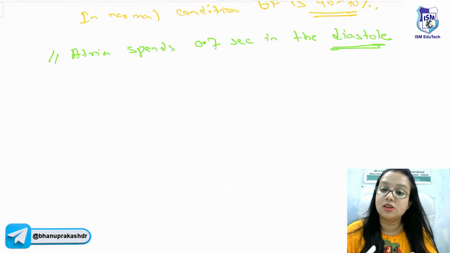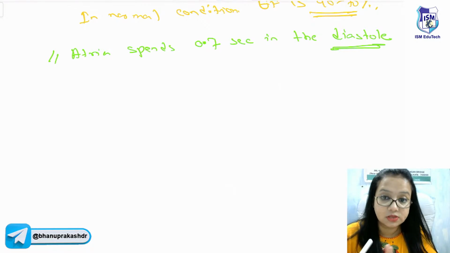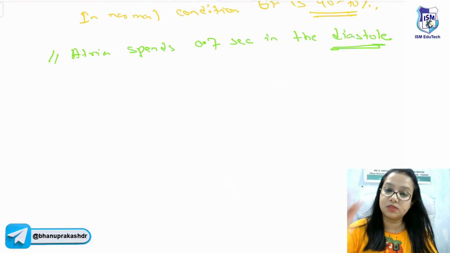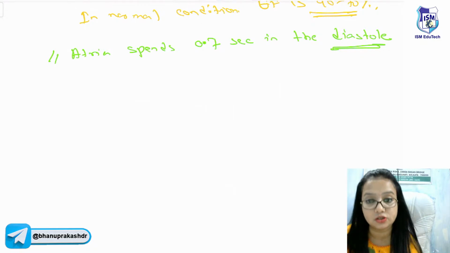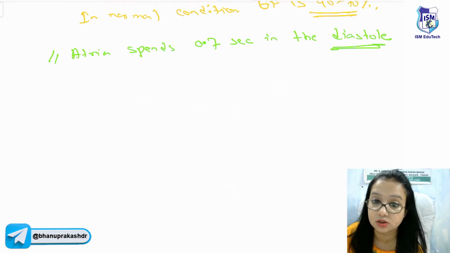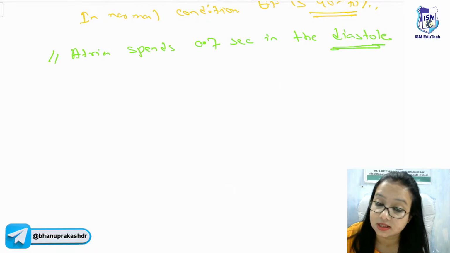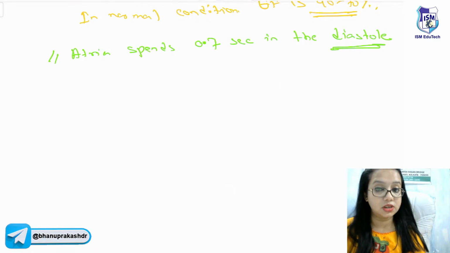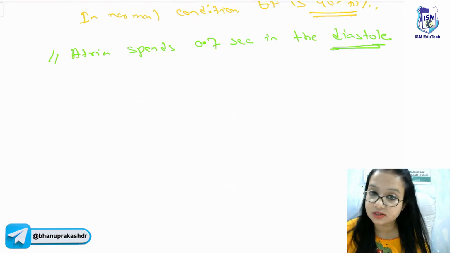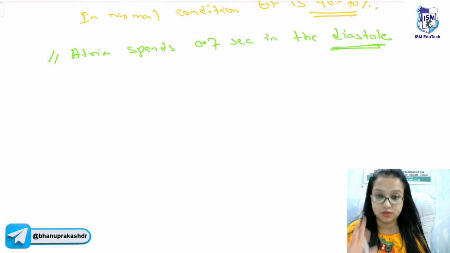We studied that the ventricles get filled from the atria. The blood from the atria comes and fills the ventricle. And when the ventricle is contracting, that is the systole of the ventricle, it is pumping out, or ejecting the blood to the periphery or to the pulmonary circulation, that is to the lungs. Okay, so those are the only two gateways.